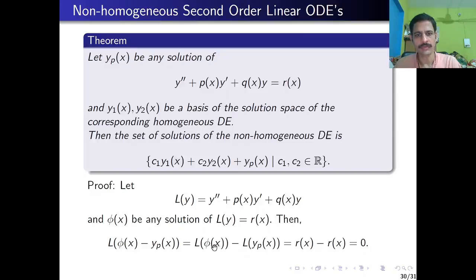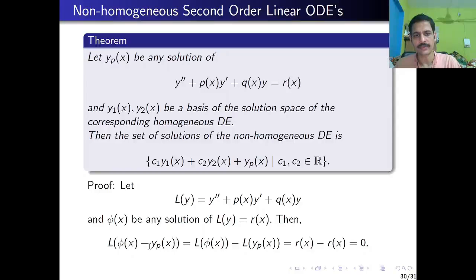We know L(phi(x)) is r(x) because phi(x) is a solution of L(y) = r(x), and we know yp is also a particular solution of the non-homogeneous ODE. So L(yp(x)) will also be r(x). So r(x) minus r(x) is 0. This means that L(phi(x) - yp(x)) is equal to 0.